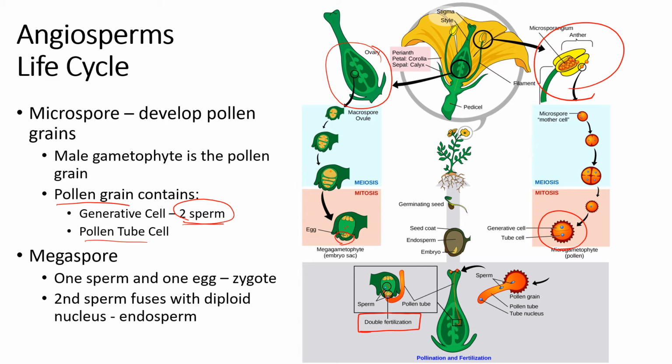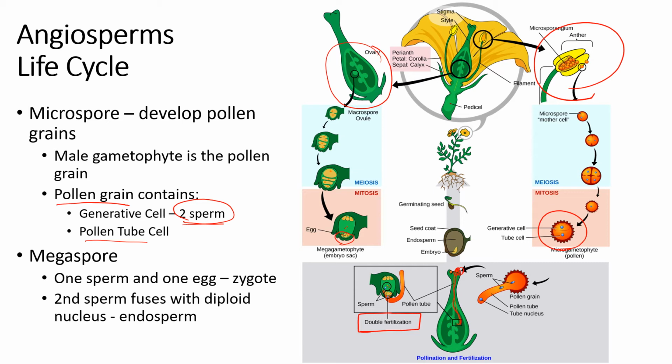So we will look at that in detail, but as you see, like before, the pollen grain will land on the stigma, then grow down so that the sperm can follow and fertilize the egg and the double nuclei.